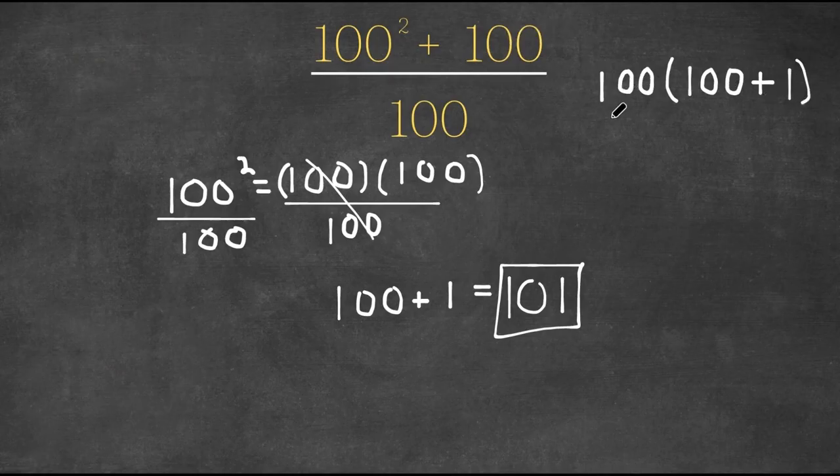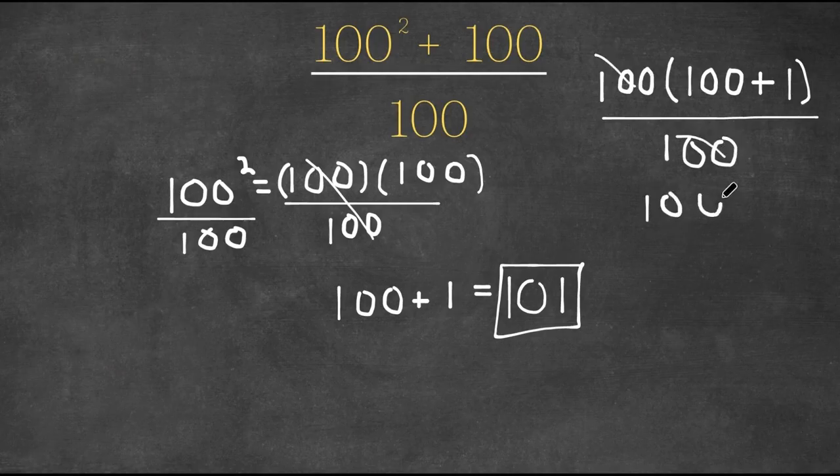So we get 100 times 100 plus 1 over 100. And these two cancel out, so we would be left with 100 plus 1, and this is 101. So this is the second method.